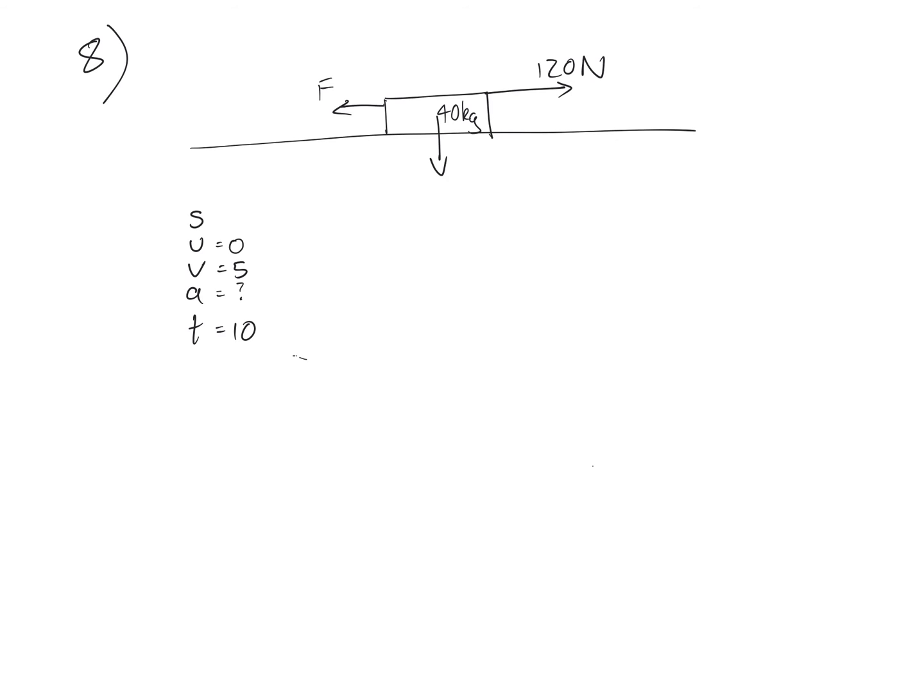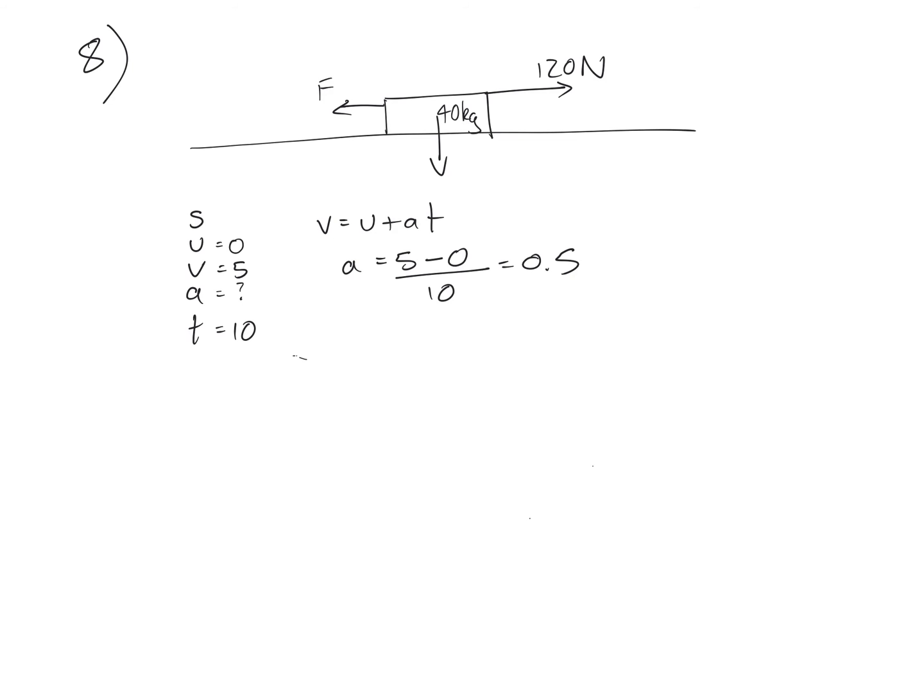We're trying to find out the acceleration, so we can do F equals MA. V equals U plus AT, so A equals V minus U over T, which is 0.5.